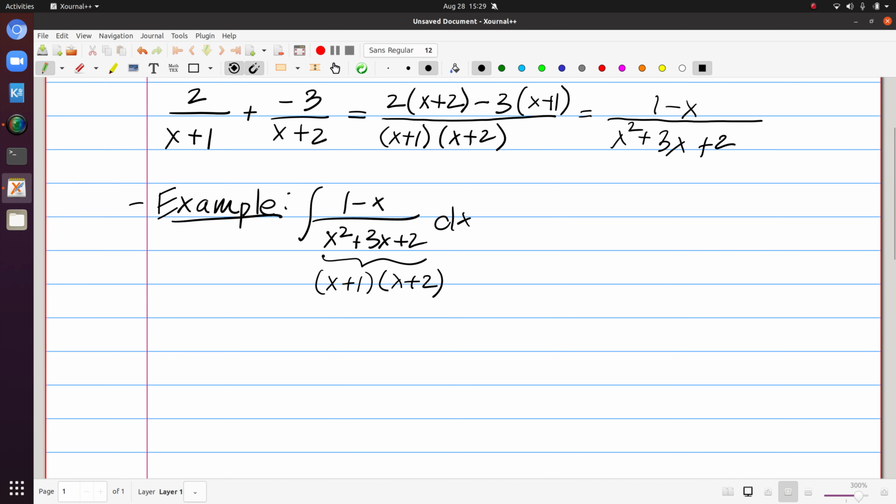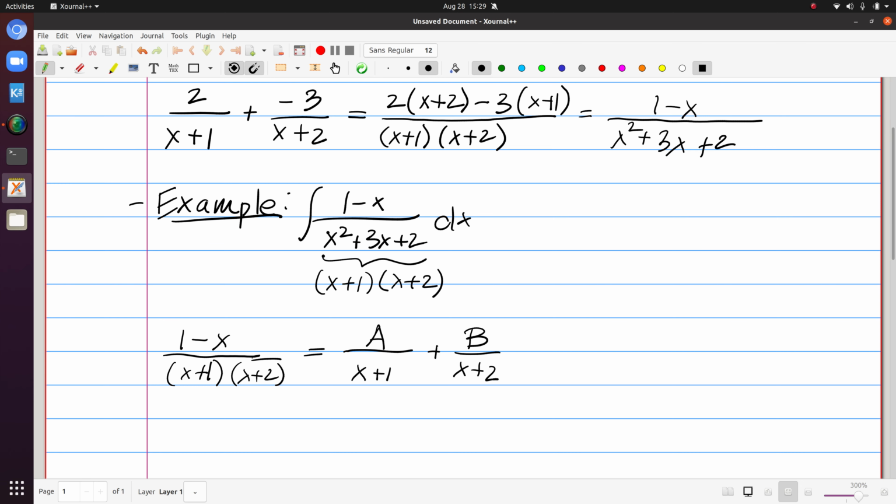So I would identify that it could be factored, and then I take my integrand, with the knowledge of how it factors in the denominator, and I'm trying to express it as A over x plus 1 plus B over x plus 2.